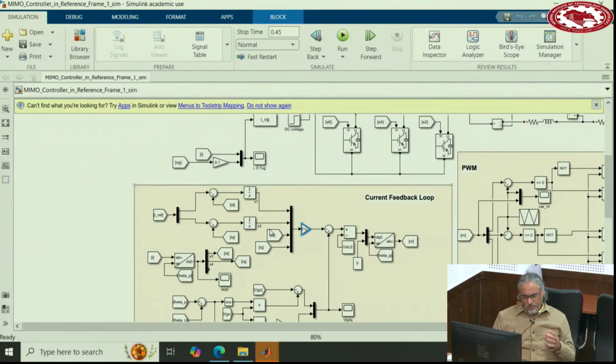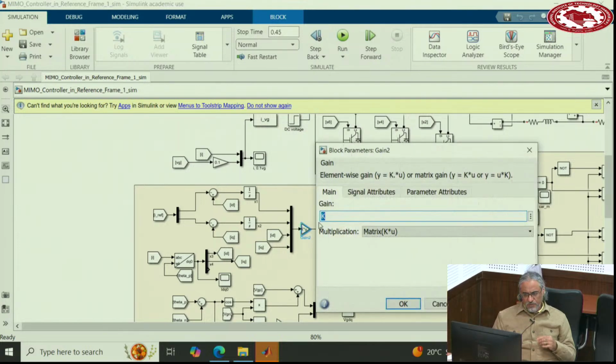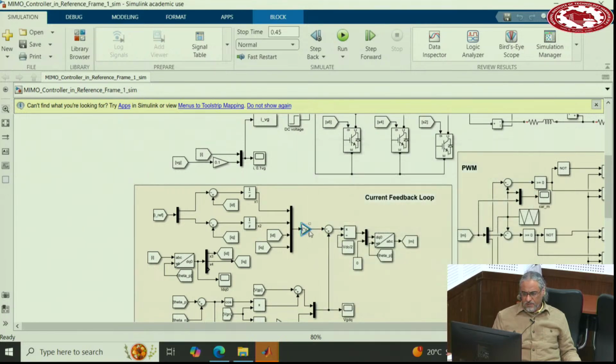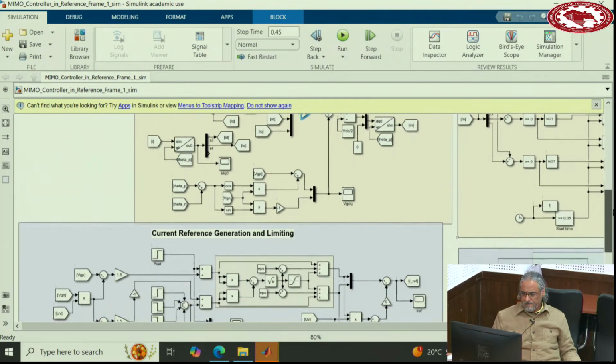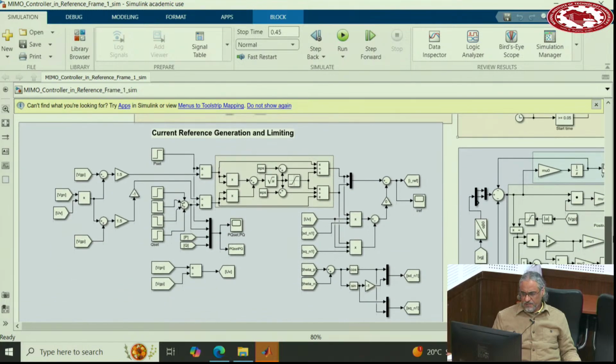The input X is a state variable of the first integrator, a state variable of the second integrator, ID and IQ. All of them multiply into K in a matrix form. K is a 2 by 4 matrix, and that gives you U. Then here are the feed-forward terms. The other parts are exactly the same.